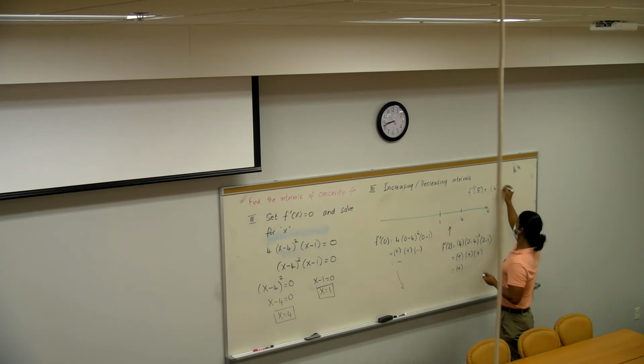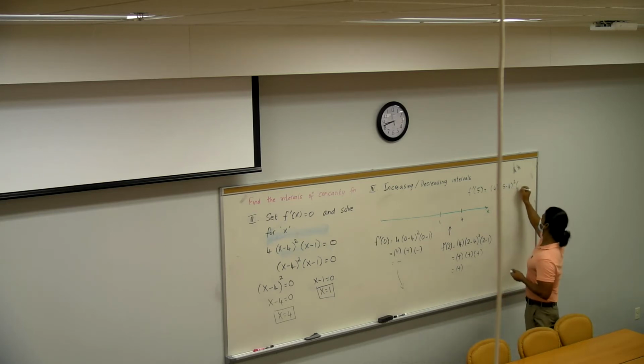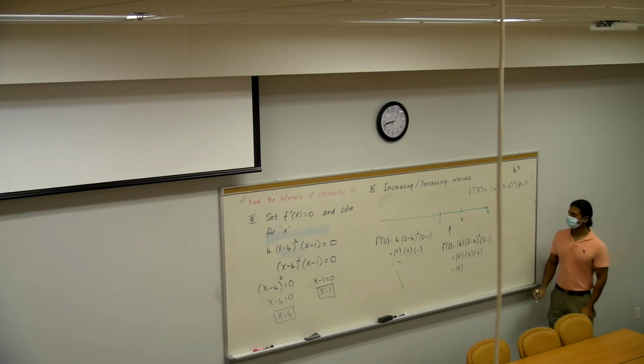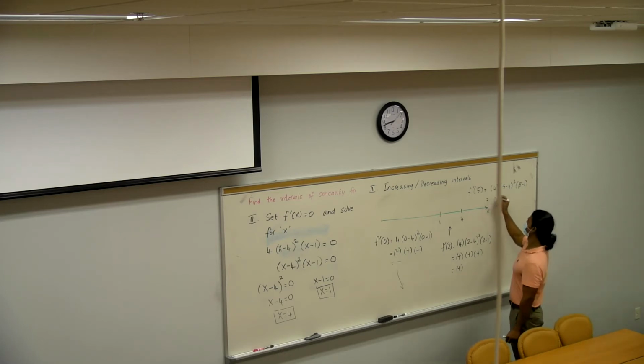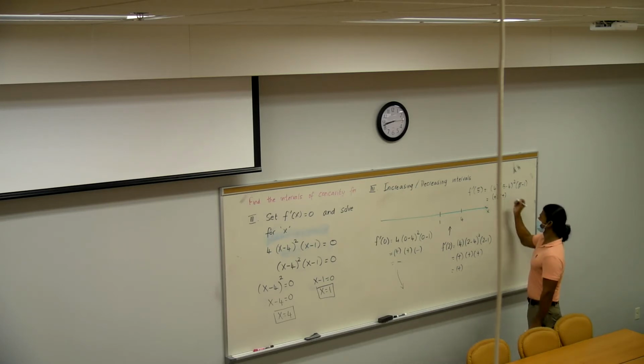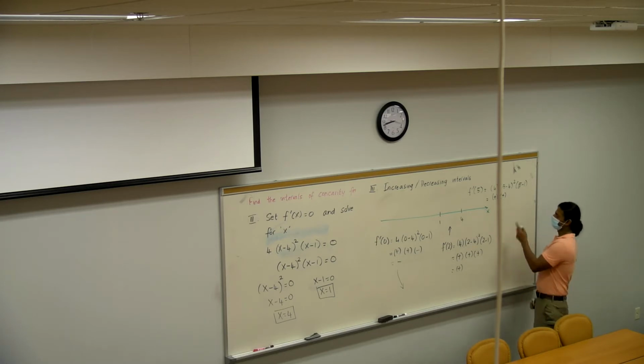So 4 times 5 minus 4 squared, and 5 minus 1. Four is positive. 5 minus 4 is 1. 1 squared is positive. 5 minus 1 is 4.